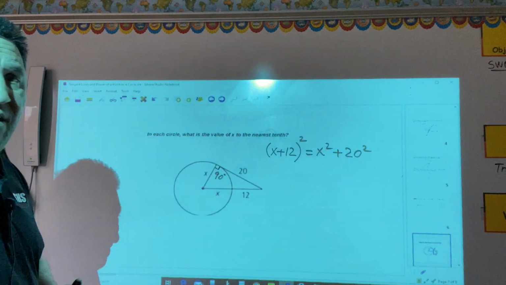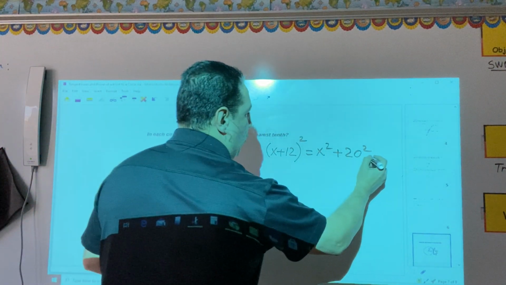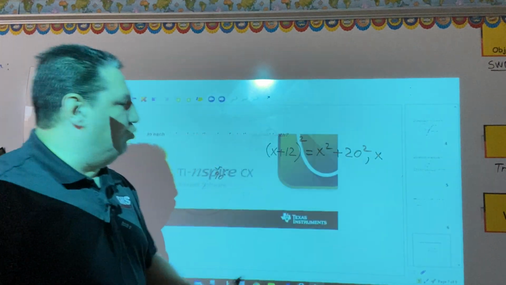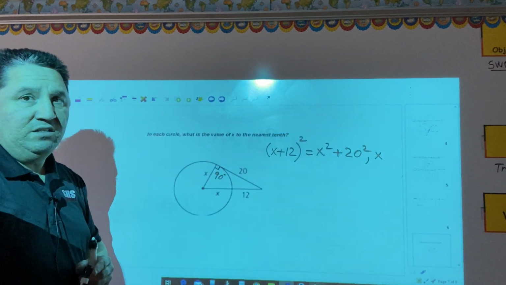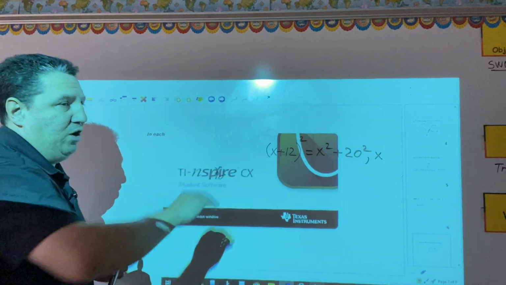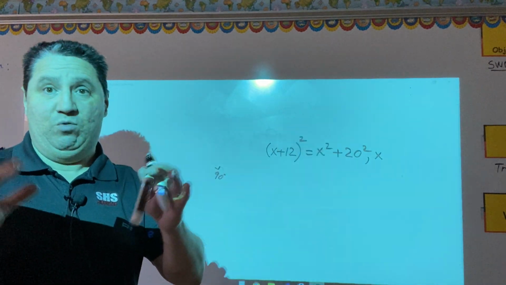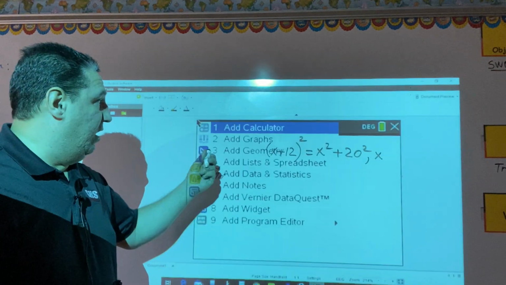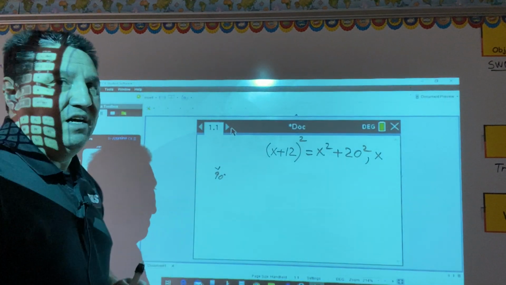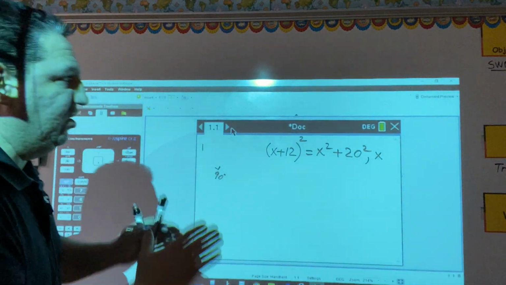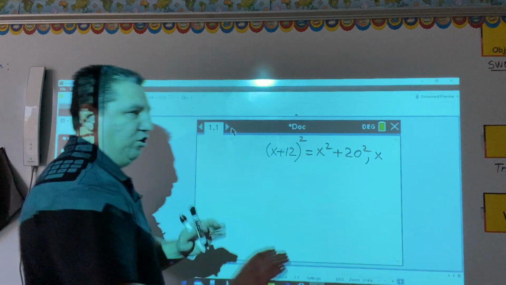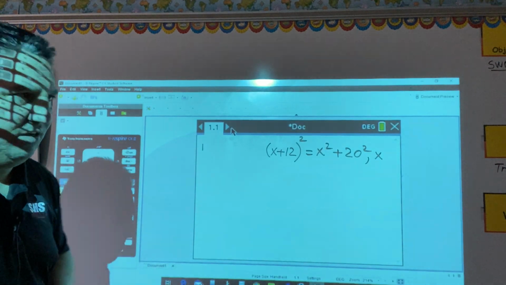Now we have to solve for x. Now I will show you how to find x using a calculator, because this equation is not so easy to solve, because it's a parabola, and at this moment you don't know how to solve such an equation. But using a calculator is easy.